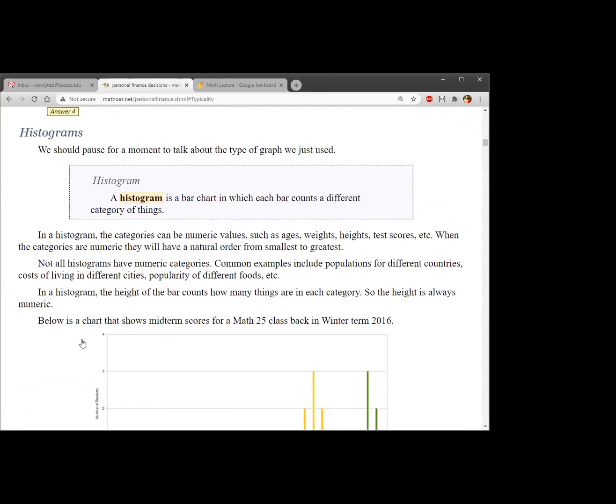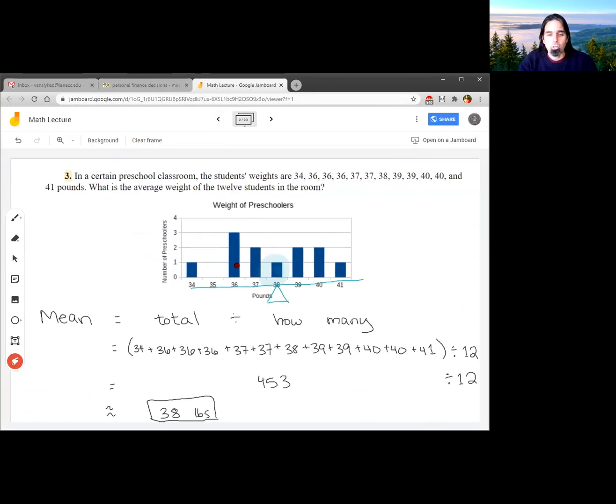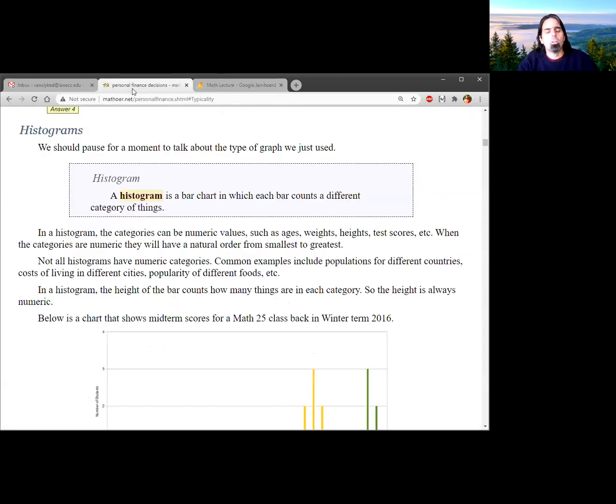Okay. We just dealt with a histogram. That's this type of chart. So let's talk about that a little more. A histogram is a bar chart in which each bar counts a different category of things. They could be numeric values like ages or weights or heights or test scores.